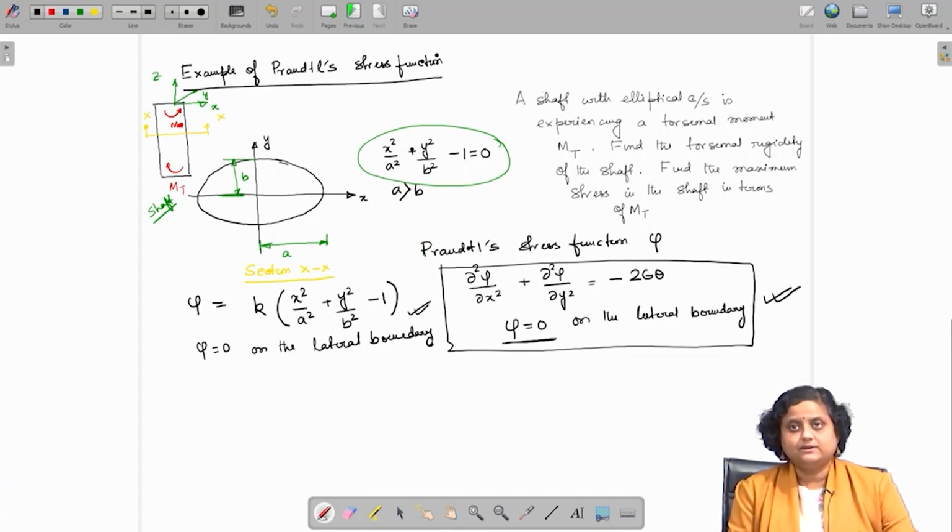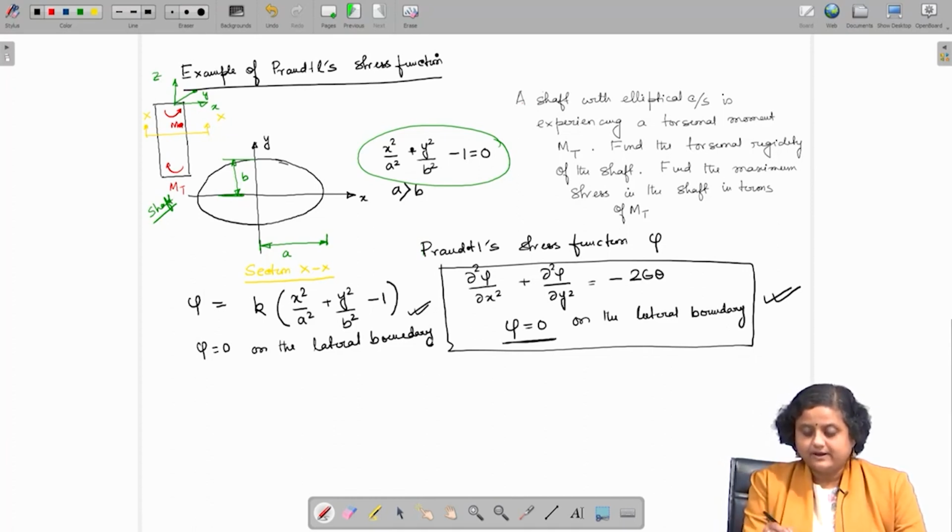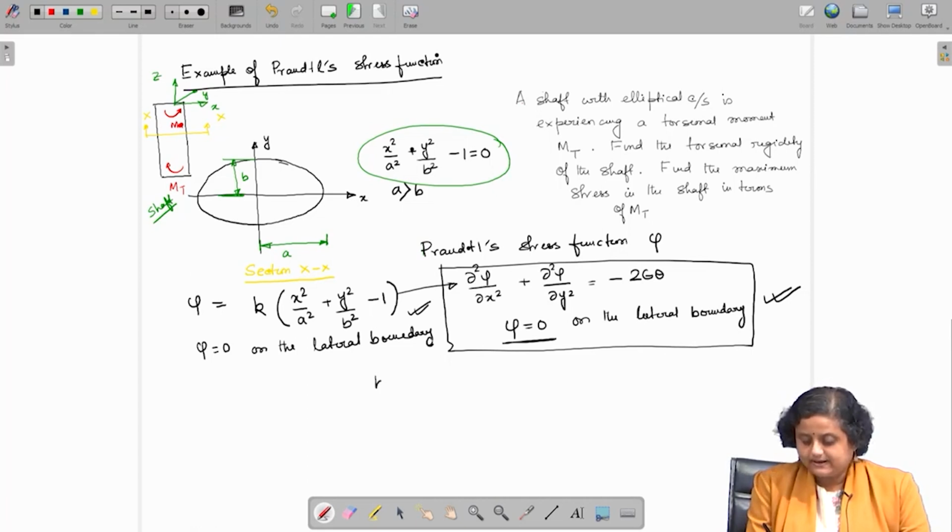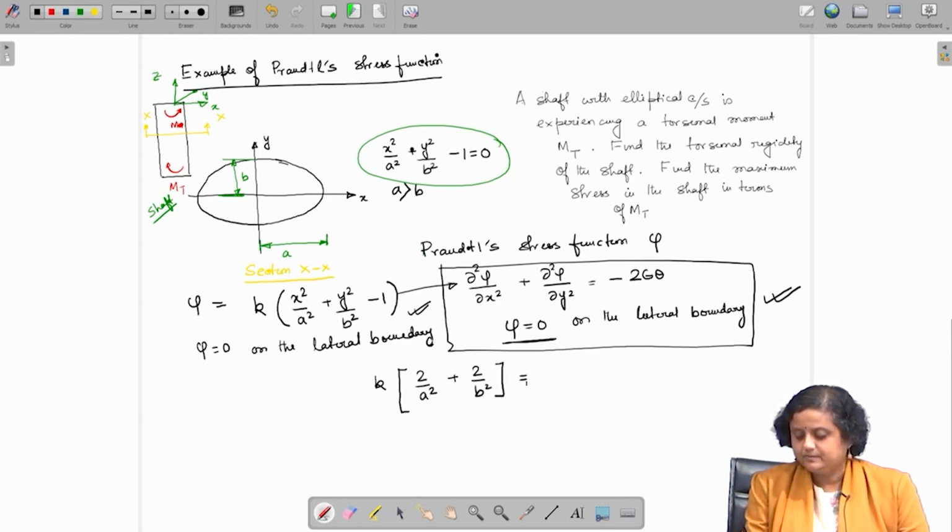Now, let us see whether this is going to satisfy the first criteria. If I substitute this into this equation, what do I get? I get k times 2 by a square plus 2 by b square, and that needs to be equal to minus 2 G theta.